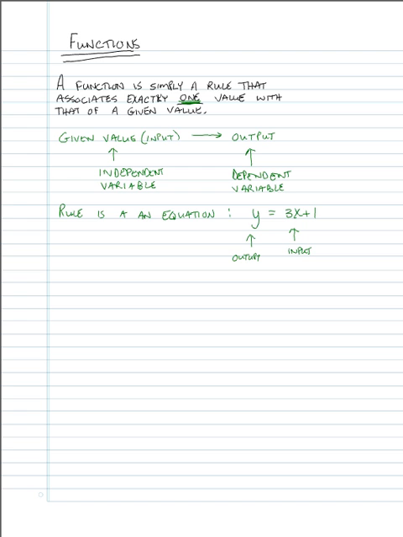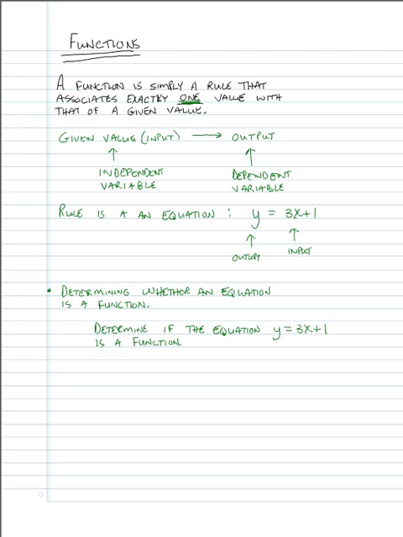Now, one of the things that we might do is we might be interested in determining whether a particular equation is in fact a function. So as we're determining whether an equation is a function, in the example we had above, determine if the equation y equals 3x plus 1 is a function, what we're concerned about is when we're given a particular value of x.